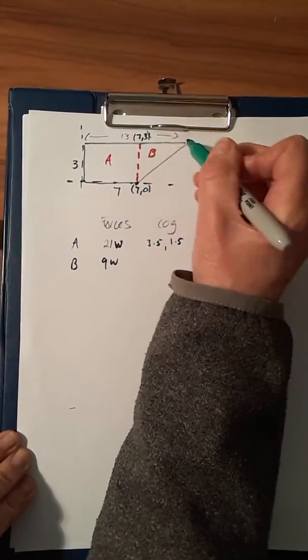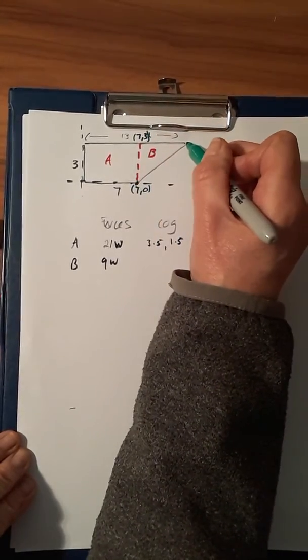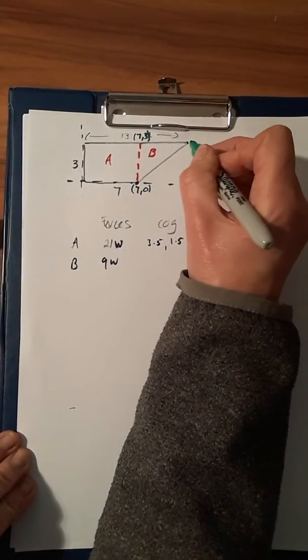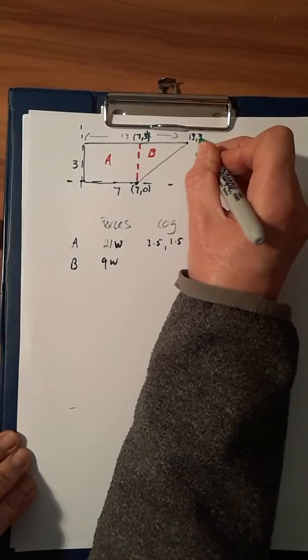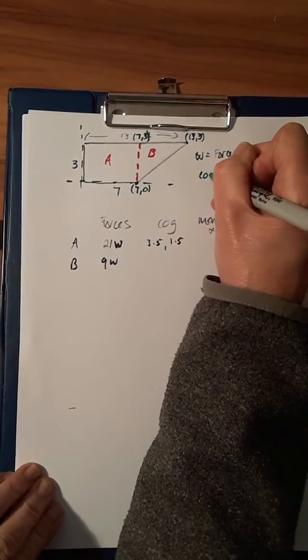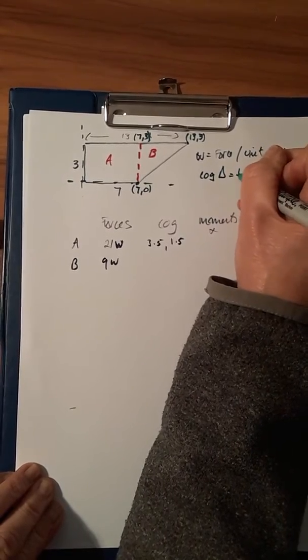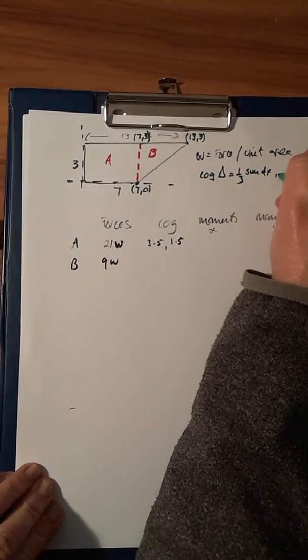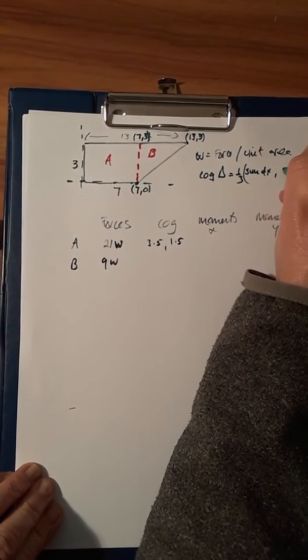And this one over here is going to be 13, 3. Okay, so they're my 3 vertices. Now remember, the centre of gravity of a triangle is 1/3 the sum of the x's and 1/3 the sum of the y's.